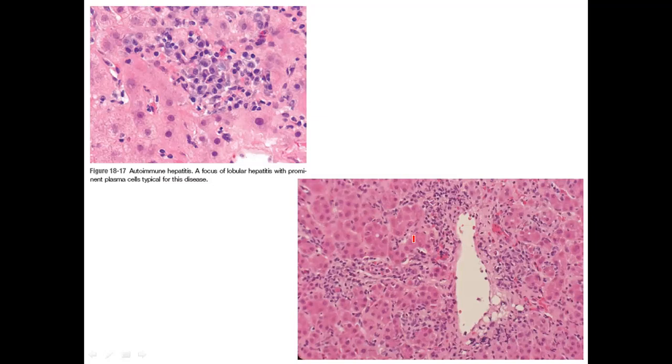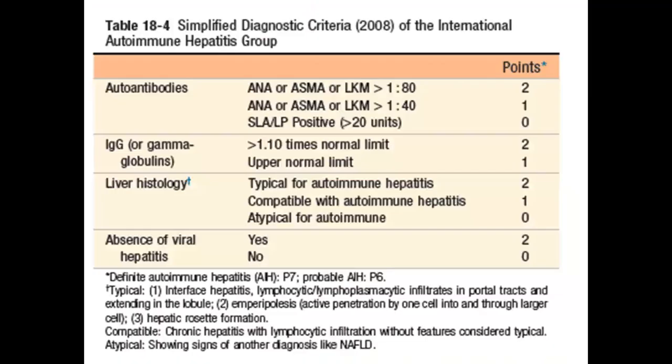So these are the typical features: formation of rosettes, infiltrating plasma cells, and extensive, severe necrosis, whether in the portal tract or in the parenchyma. They are usually features of autoimmune hepatitis.